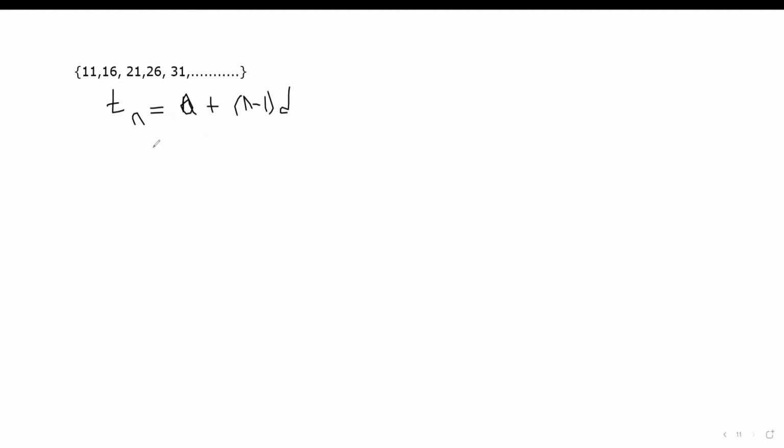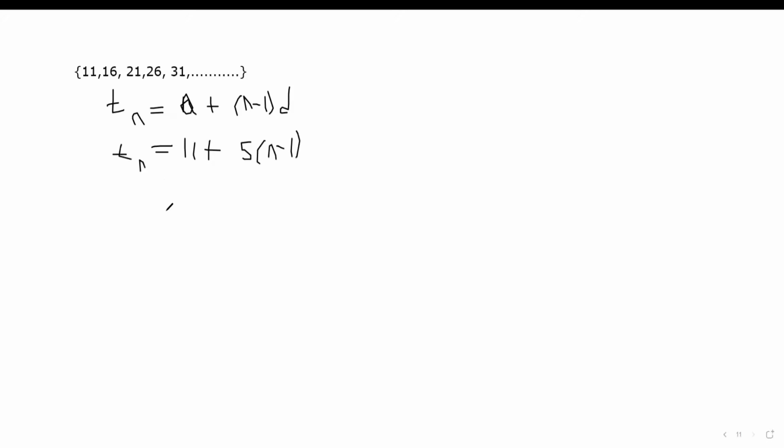So what we're going to end up getting for this nth term is the first term, which is 11, plus n minus 1 times the common difference. The common difference is 5. So it's 5 times in bracket n minus 1. That's the nth term.